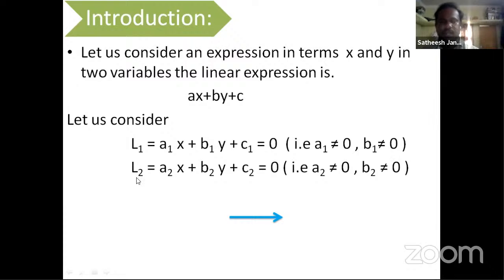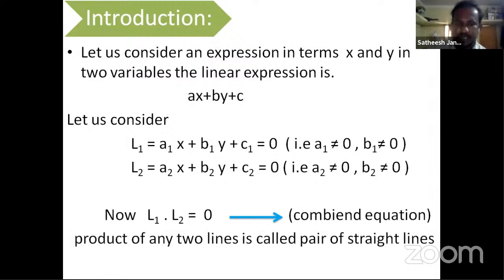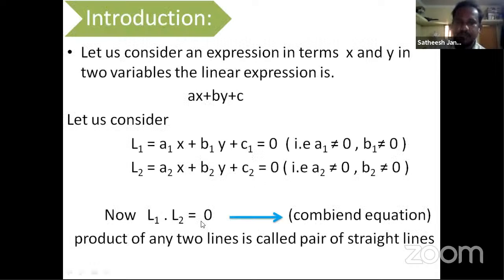And the second line, L2: a2x plus b2y plus c2 is equal to 0, where a2 is not equal to 0 and b2 also is not. Now see the product of L1 and L2, that means the combined equation of L1 and L2. Product of L1 and L2 is equal to 0.